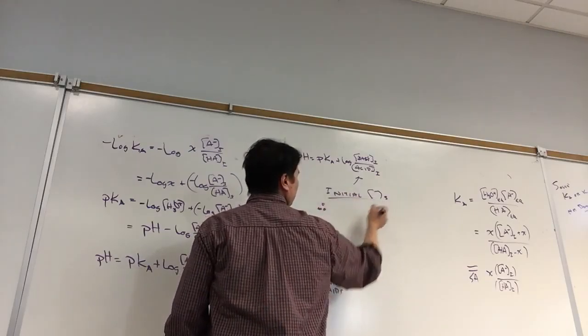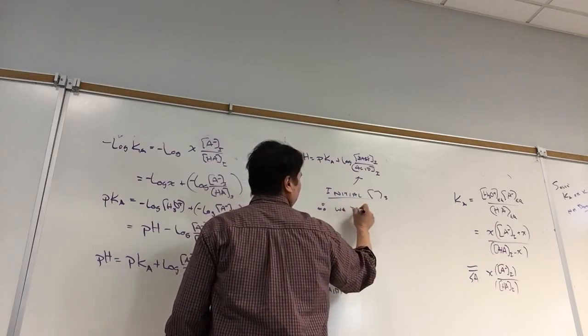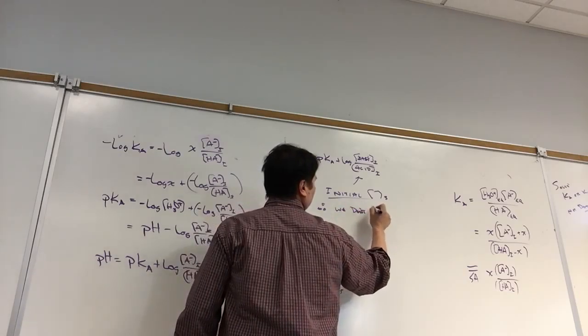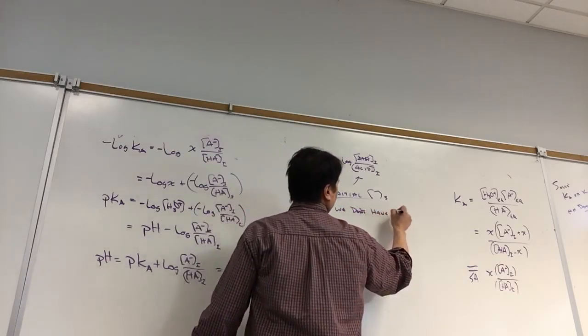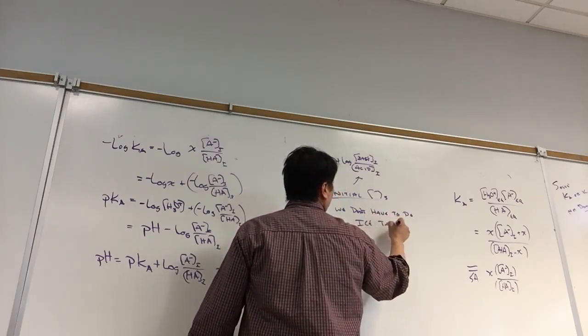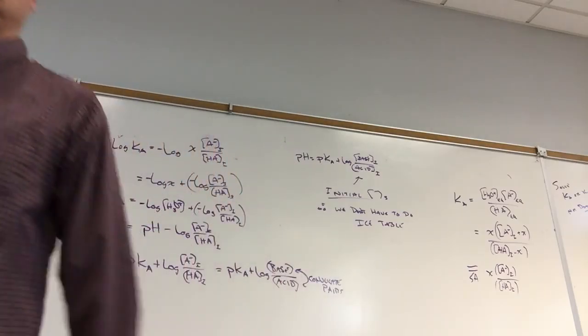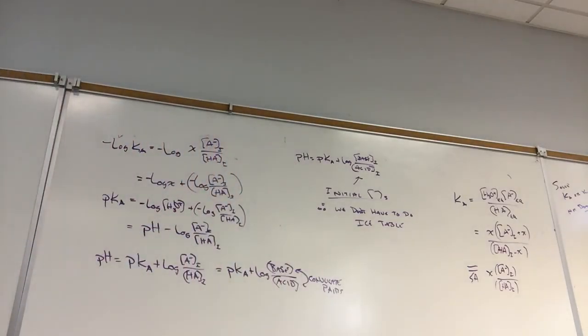Therefore, since these are initial concentrations, we don't have to do the ICE table. The ICE table is not needed, we just plug in the initial. So we don't have to figure out what the change is.